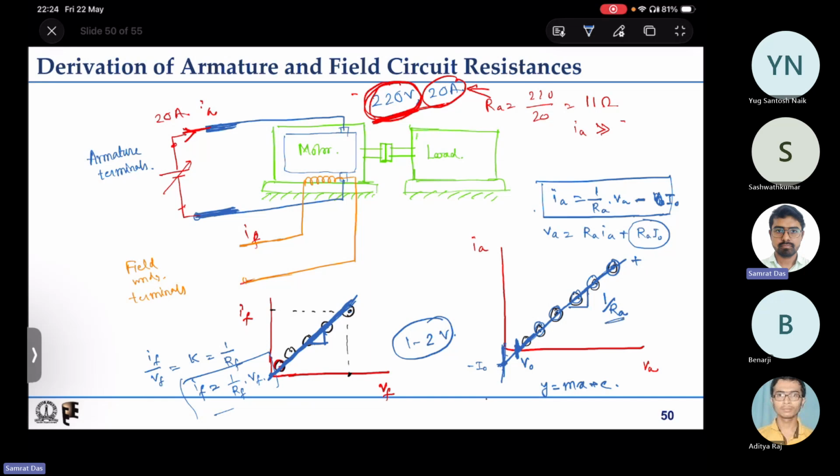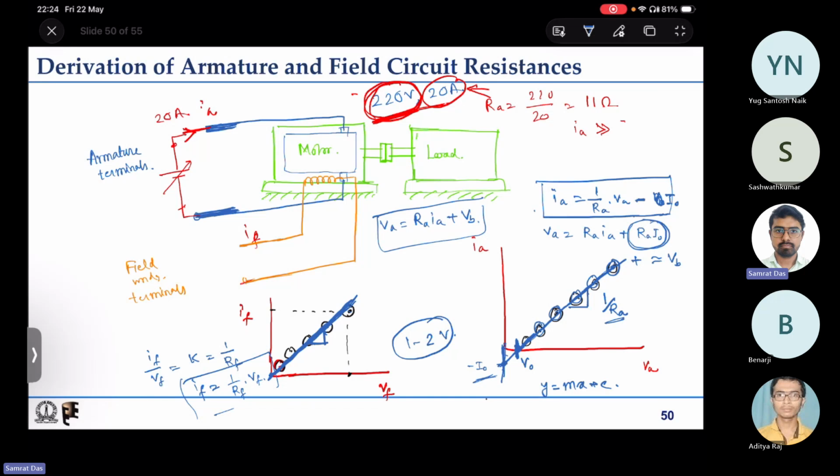Ra is a constant, I0 is a constant, so this multiplication is another constant, typically defined as the brush voltage drop VB. So the equation becomes Va equal to Ra Ia plus VB, where VB is the brush voltage drop.